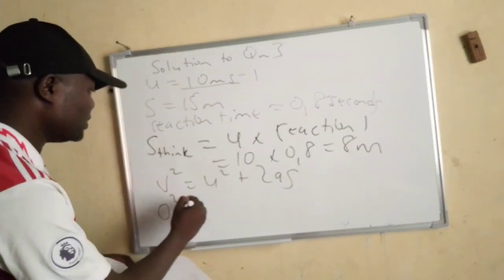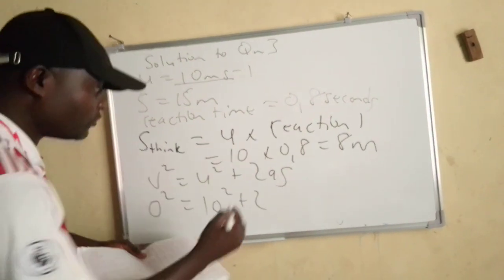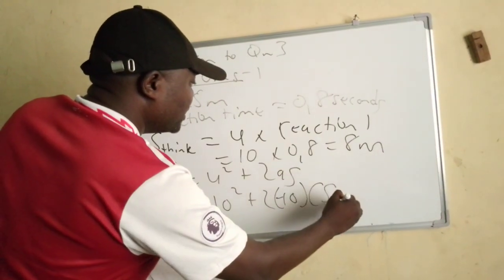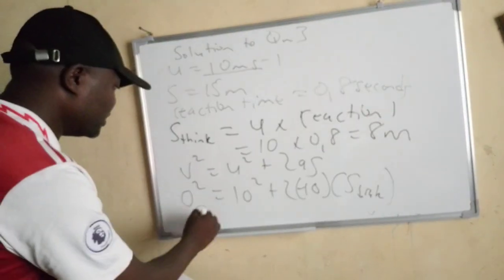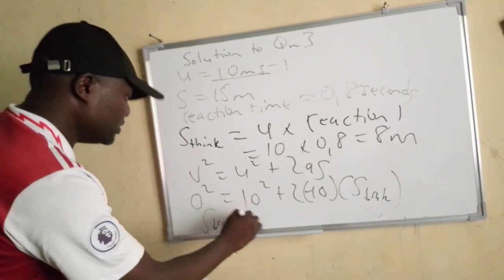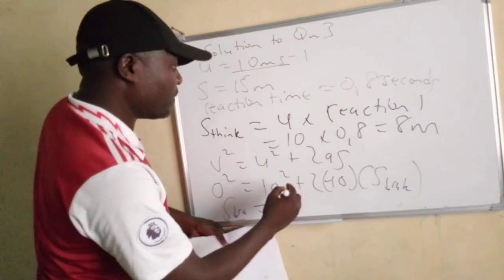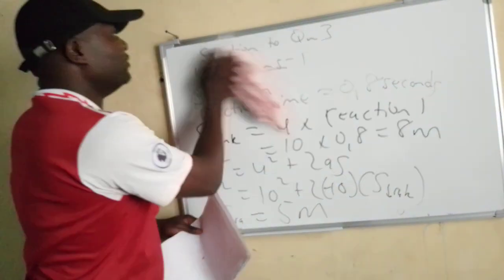So 0 squared is equal to 10 squared plus 2 times a times s. It decelerates uniformly at 10, so the acceleration is minus 10. So the braking distance is going to be equal to 5 meters, right?